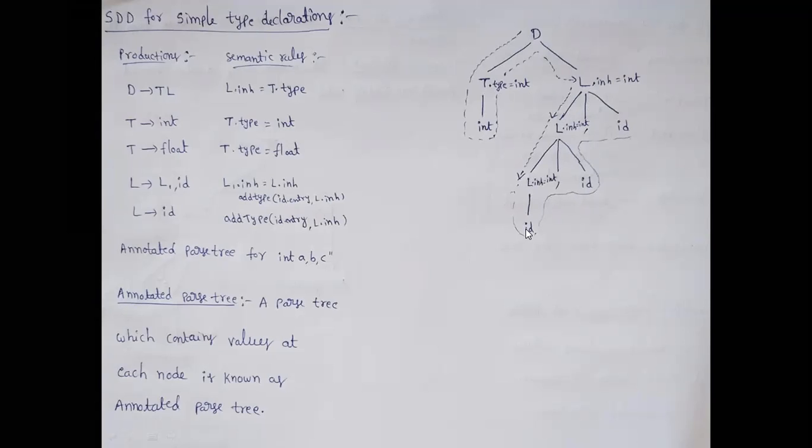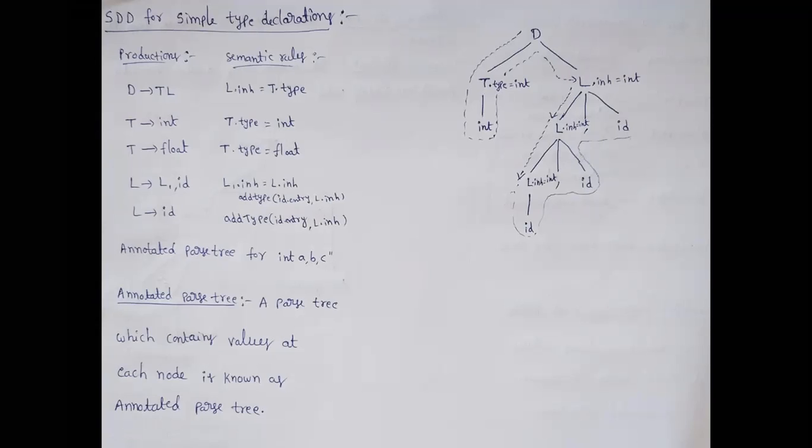parse tree. Then we want to convert this parse tree into annotated parse tree. So what is annotated parse tree? A parse tree which contains the values at each node is called the annotated parse tree. So we want to convert a parse tree into annotated parse tree, then we are considering top to bottom and left to right traversal.